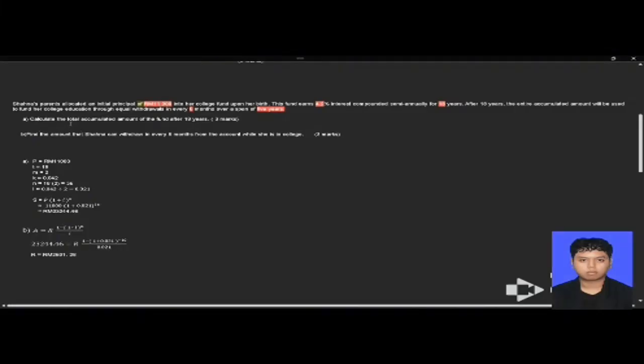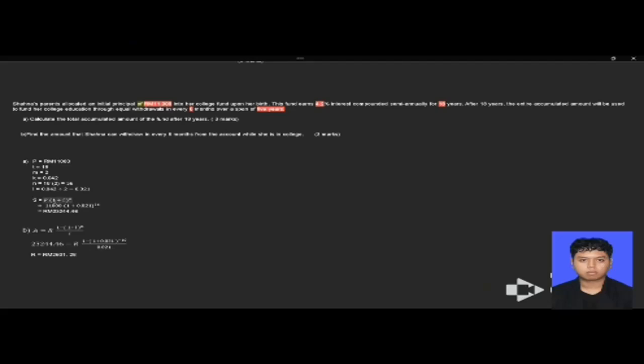To do this, we have to extract information from the paragraph which is highlighted in red and use that information to substitute it into the monthly compound formula, which is S equals P(1 + i/n). After we substitute the info, we should get our final answer, which is 23,244 ringgit and 46 cents.